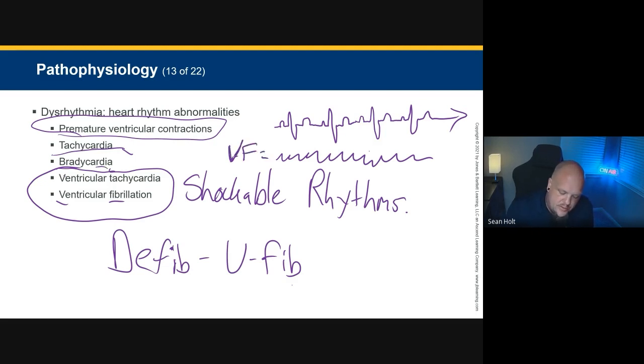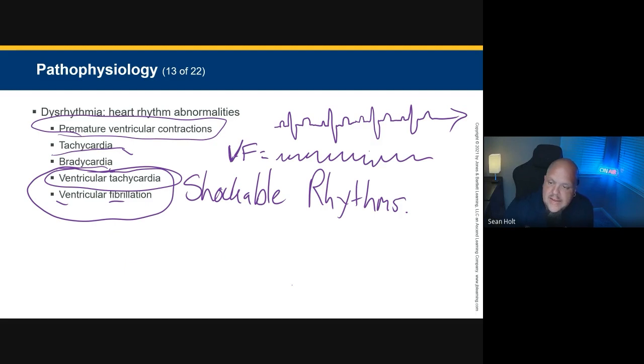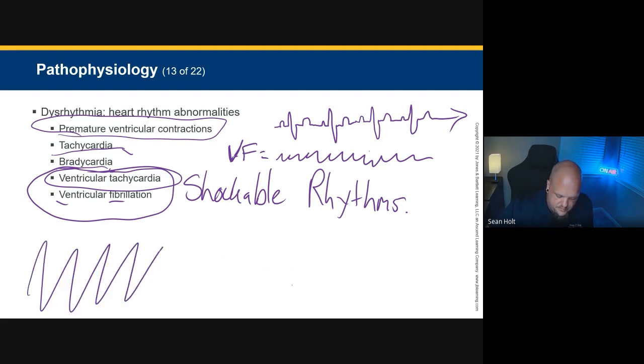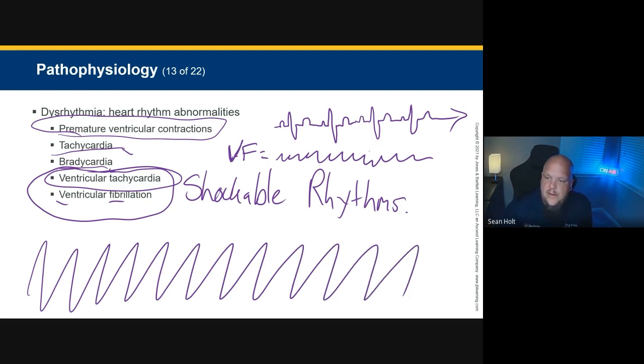And then you have ventricular tachycardia. Ventricular tachycardia sometimes can have a pulse. Usually, it won't last very long. This rhythm looks like this. That's ventricular tachycardia.